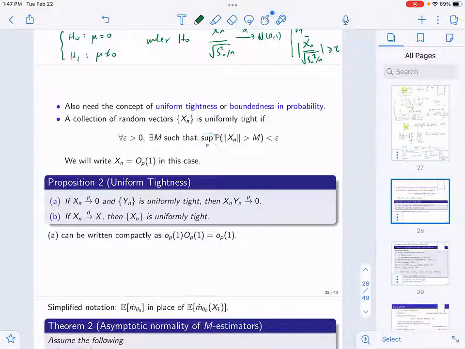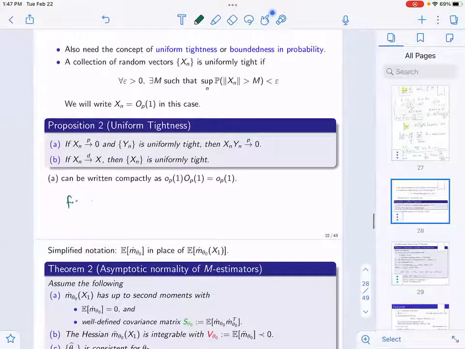So for n large enough, Xn would be less than or equal to M with probability at least 1 minus epsilon. You can pick epsilon to be whatever you want. You can find an M, which depends on the epsilon, such that the sequence eventually is bounded.